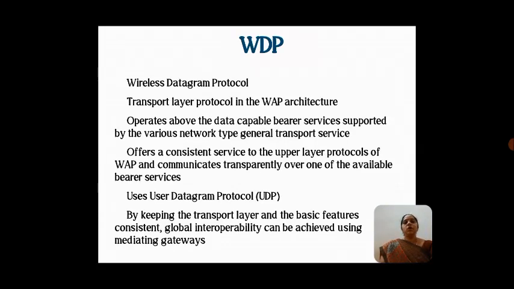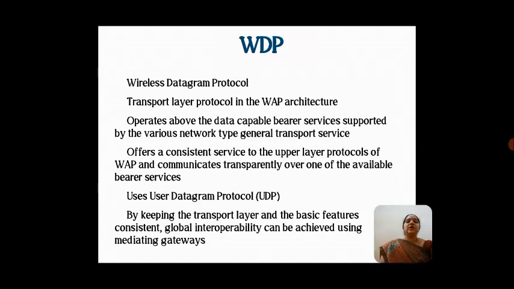The next protocol is wireless datagram protocol. This is the transport layer protocol in the WAP architecture. It operates above the data-capable bearer services supported by the various network types.